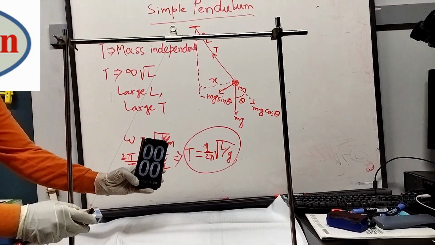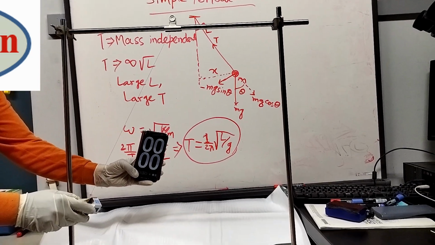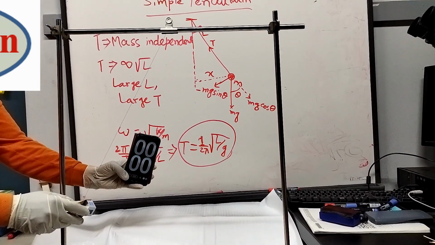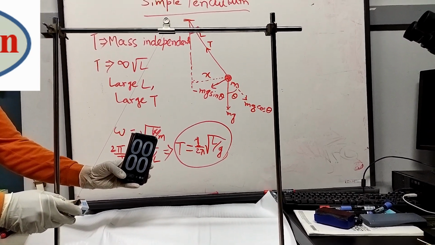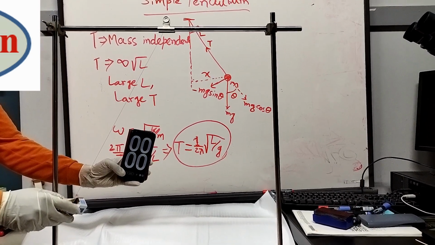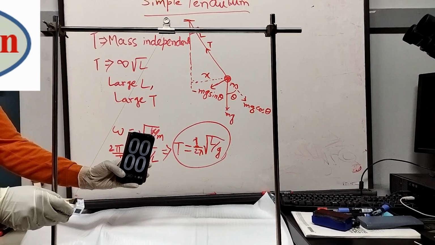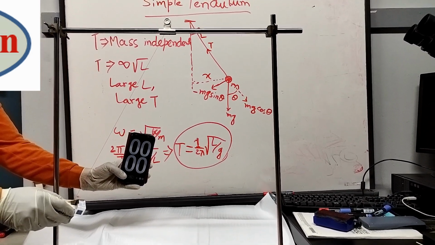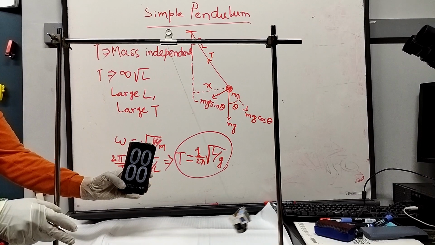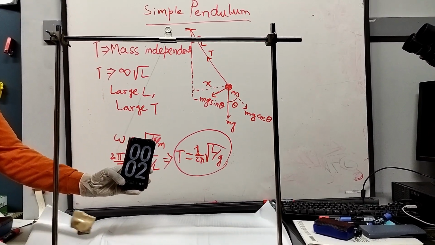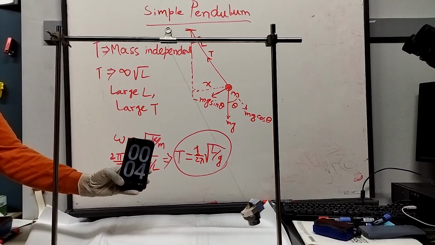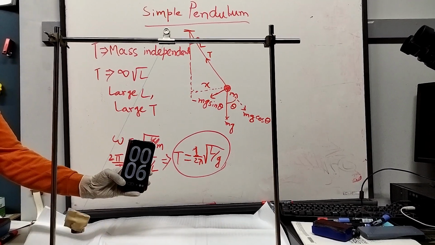Now I am going to calculate again the same 5 oscillations, and then average out to find the time period of one oscillation. So let's count it. One, 2, 3, 4, 5.